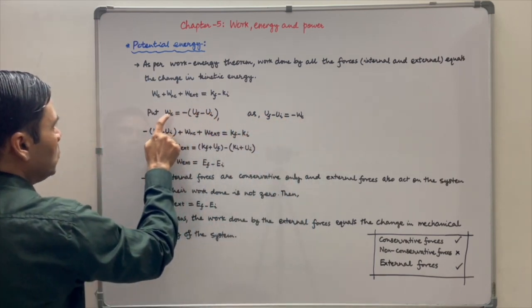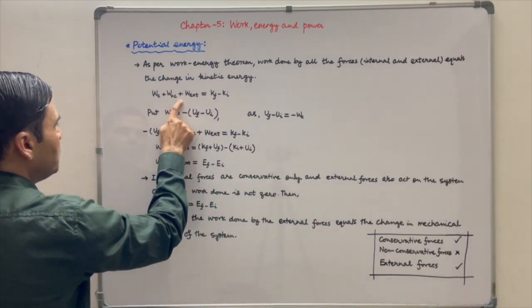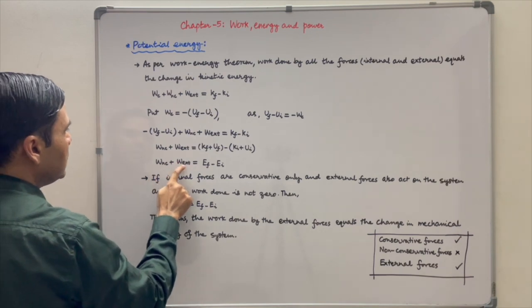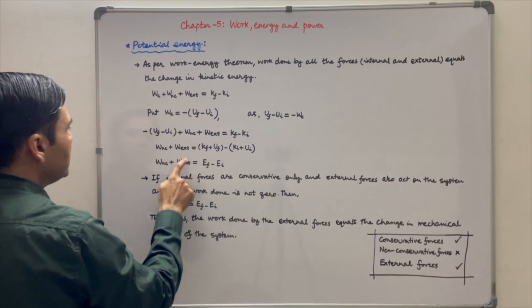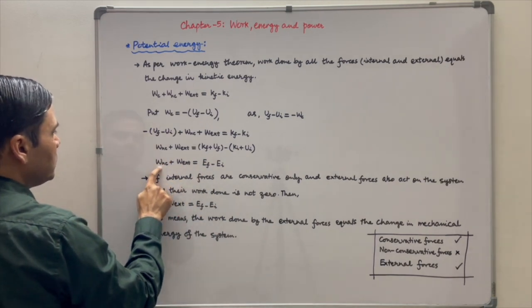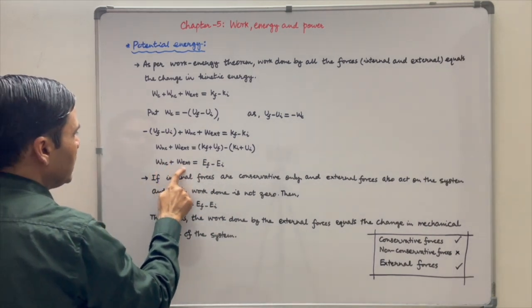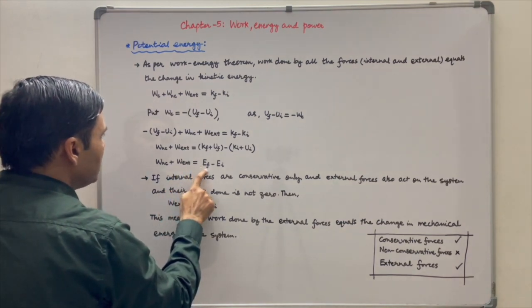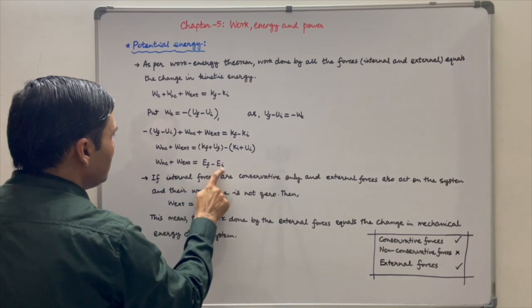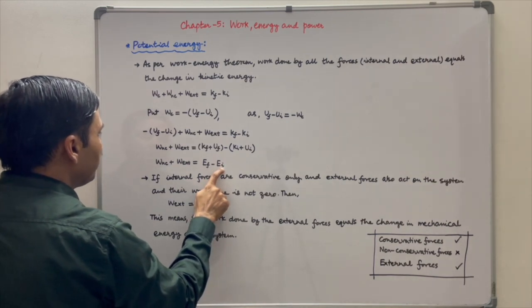So putting this value of WC in this equation, we get WNC plus W external is equal to EF minus EI. That means work done by non-conservative forces plus work done by external forces is equal to final mechanical energy of the system minus initial mechanical energy of the system.